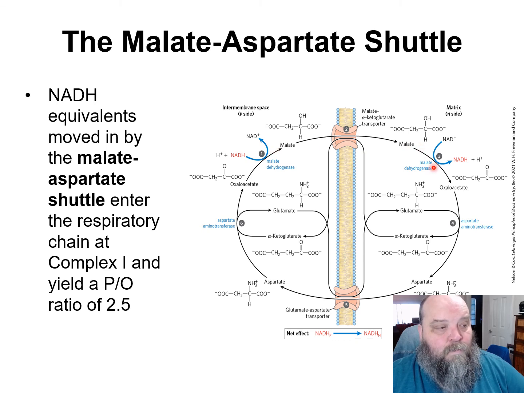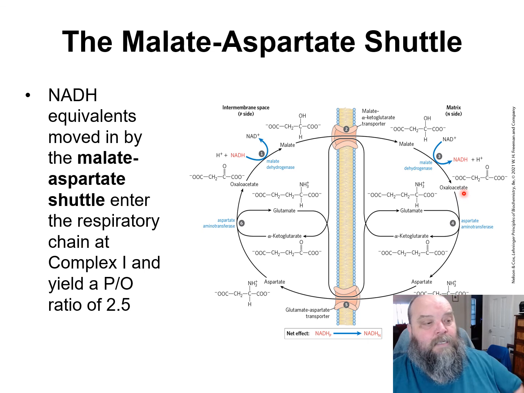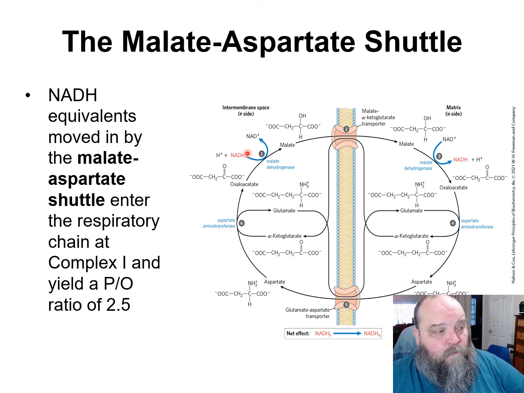Then you just use malate dehydrogenase in the mitochondrial matrix to oxidize malate back to oxaloacetate. There's your NADH. The NAD stays outside. The NAD that's inside now gets reduced to NADH, and then that goes off to our respiratory chain. And okay, malate to oxaloacetate.